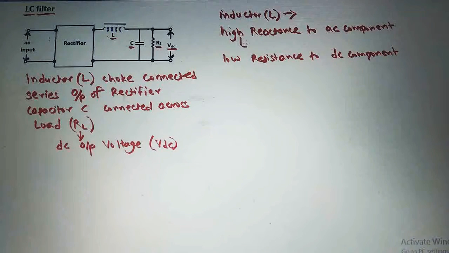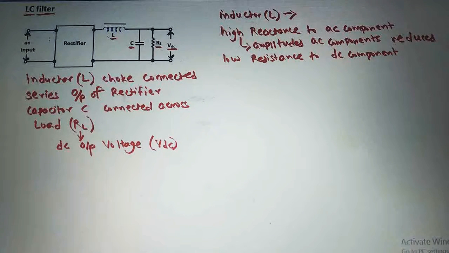And due to this high reactance to the AC component, the amplitudes of AC components are reduced by this inductor L, that means this choke filter L. So this is the function of this inductor or a choke filter L in this LC filter. Now we will see what is the function of the capacitor filter C here.